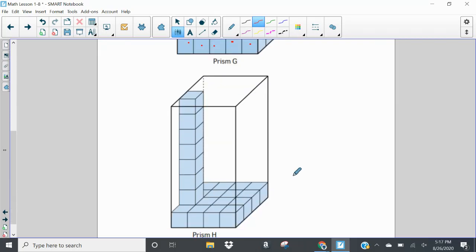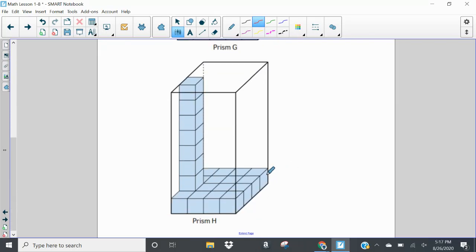Let's take a look at the next one. Take a look at this one. Let's figure out one layer, that first floor. How many total cubes are on that first floor? Well, 1, 2, 3, 4, 5, 6, 7, 8, 9, 10, 11, 12, 13, 14, 15, and there's one hidden right under there, around under that cube.